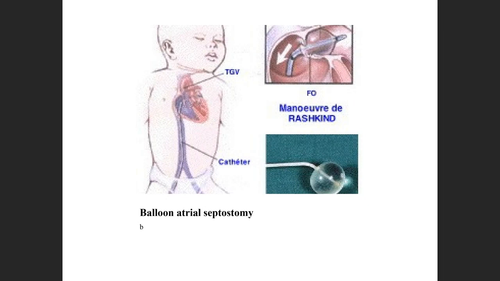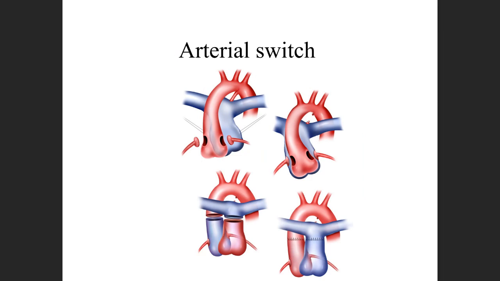So you've now created an atrial septal defect. And then after some weeks and months, more definitive surgery would be performed, and they would perform an arterial switch operation, which put simplistically means that the pulmonary artery and aorta are divided, and the aorta is placed to come off the left ventricle and the pulmonary artery from the right ventricle.